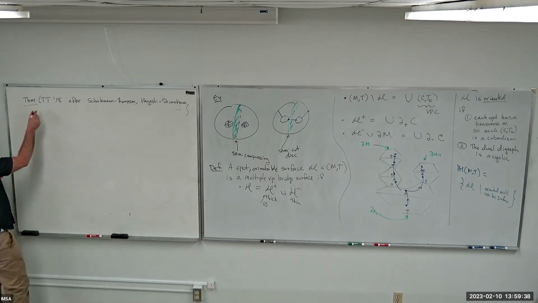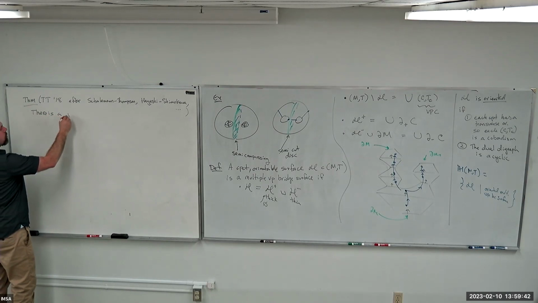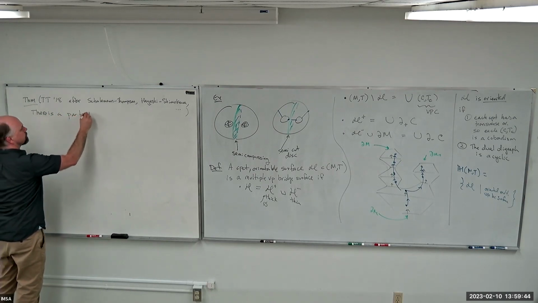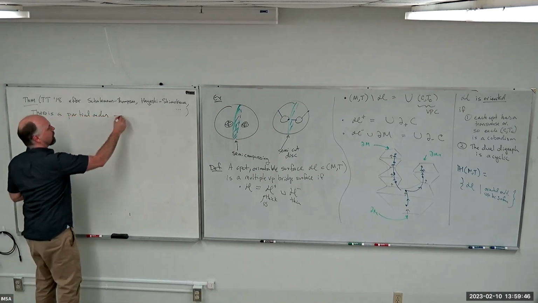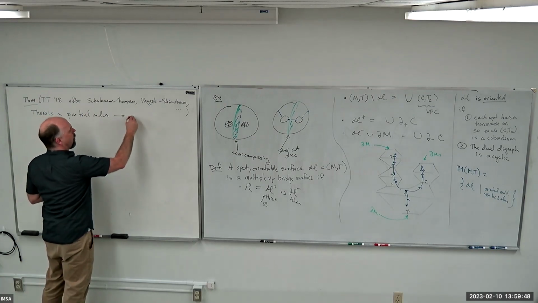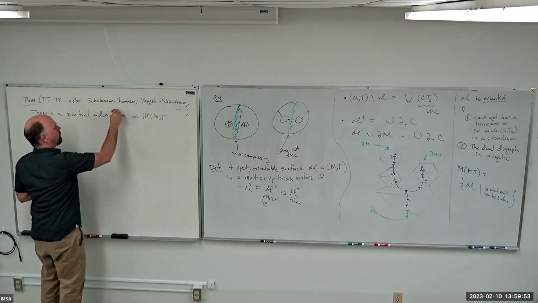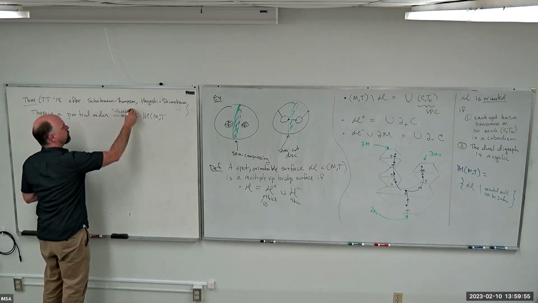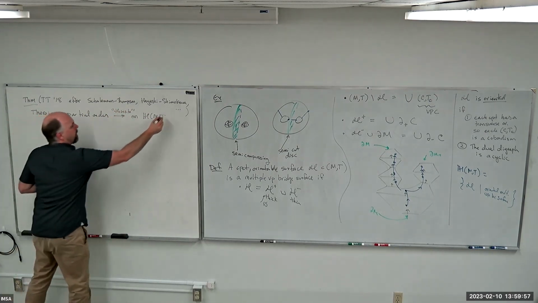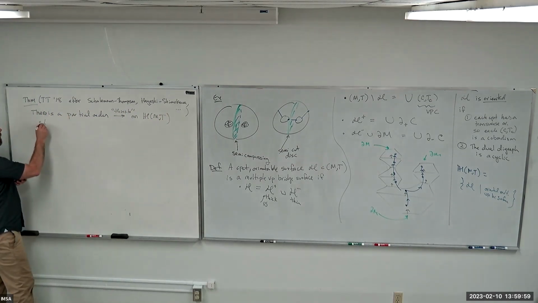Okay, so what the theorem says is that there is a partial order arrow on the set of these things. The partial order is pronounced "thins to", such that a few things.